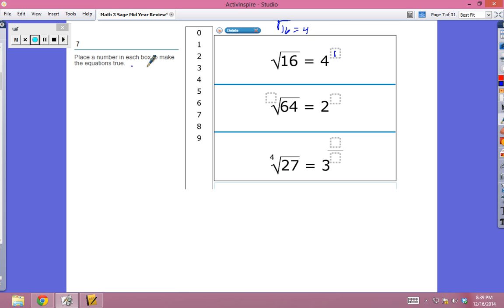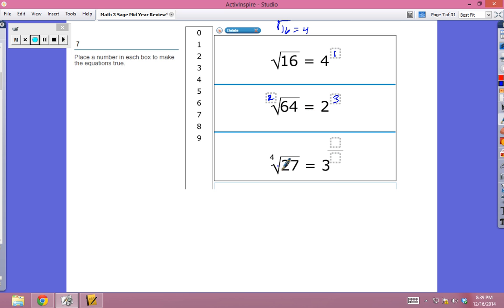That's something I don't know. So, let's see if we can do this one. 64, I know if you do the square root of 64, the square root of 64 is 8, and 2 cubed is 8. So a 2 there and a 3 there would make that true.